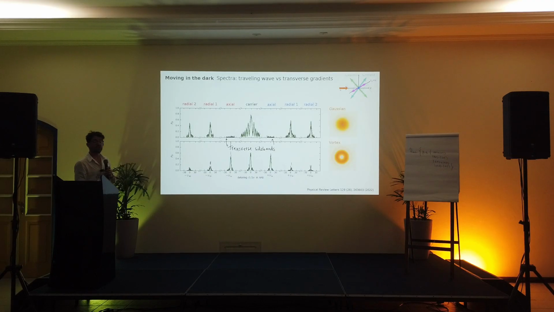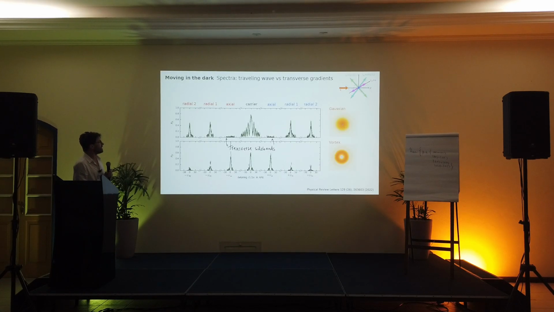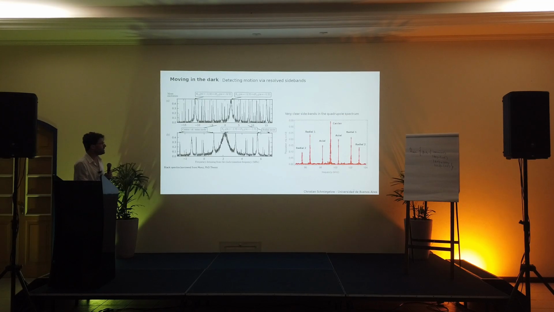So, how does the experiment that we did with the Gaussian beam work? We started in a situation, and I will go very slowly through this class. This is again the same kind of spectrum that you see here, where you see all of the possible sidebands, the axial and the two radial ones.